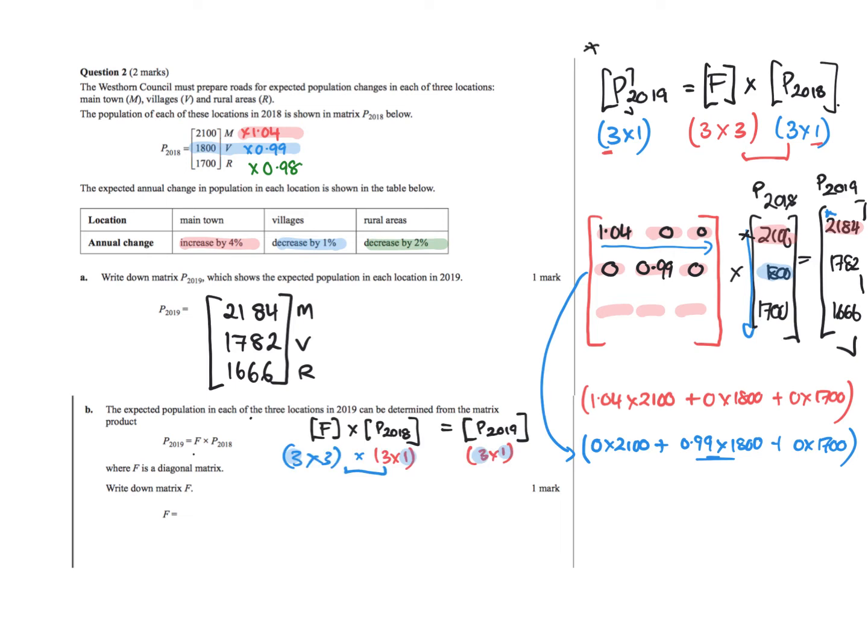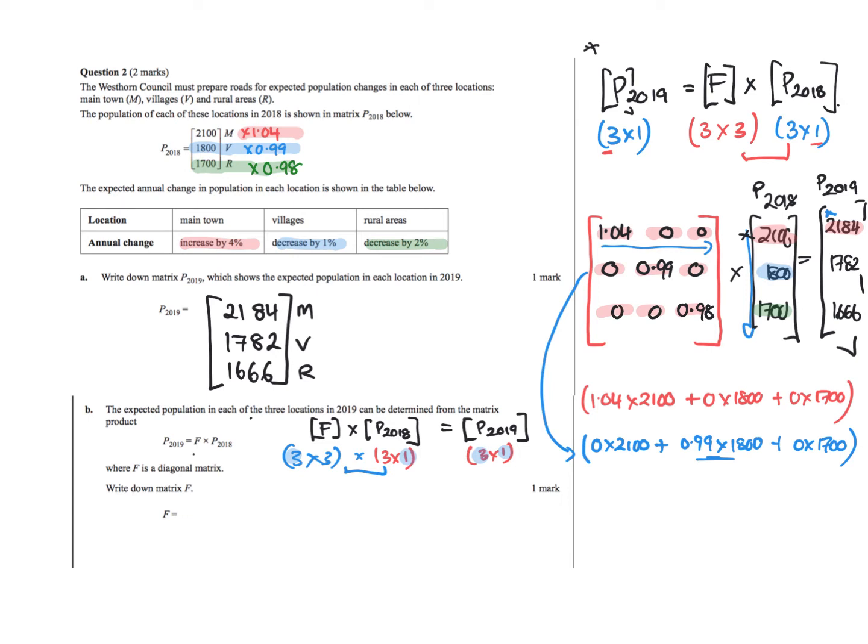Alright, so we're going to do this last one. If you remember at the start, we want this 1700 to be multiplied by 0.98. So it's the last number in the column, so it'll be the last number in the row that we see the 0.98, and the other two we want to have the 0.